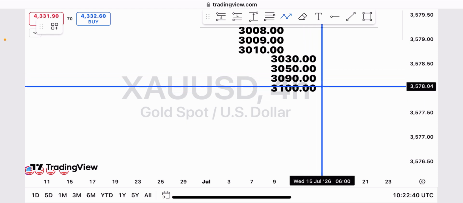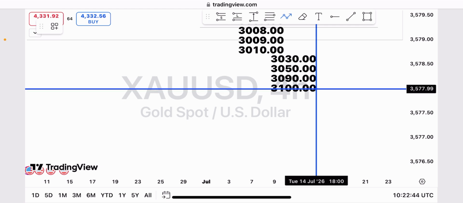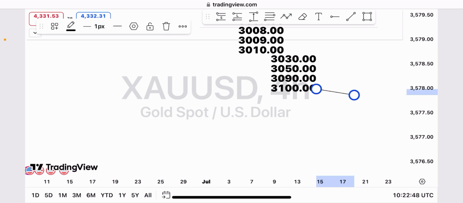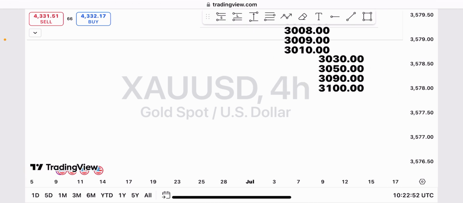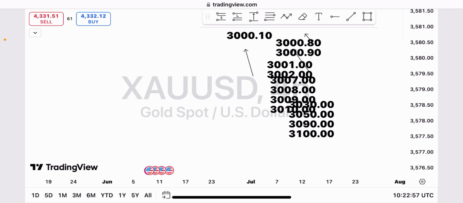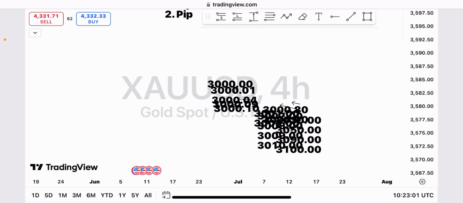Now, like I said, this is your unit pips. Let me shrink this whole screen so you see it clearly. This is everything we have been discussing.